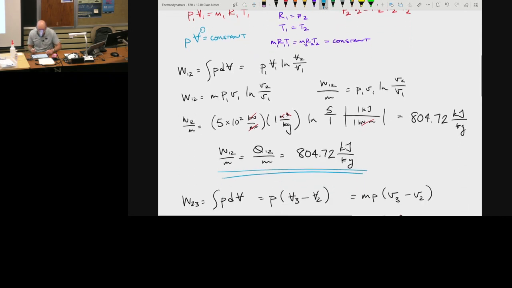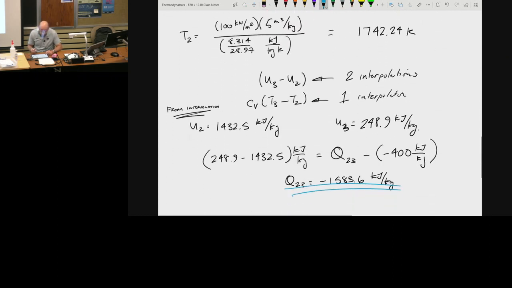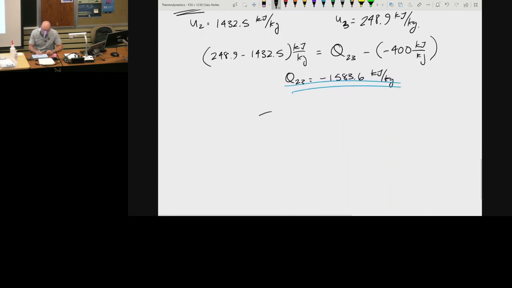To do that, I know that the summation of all my heat transfers from the cycle is equal to the summation of the work for the cycle, which is Q12 plus Q23 plus Q31 equals W12 plus W23 plus W31.